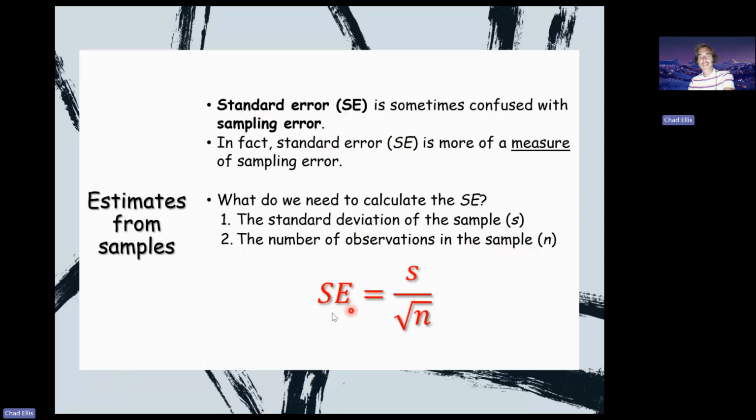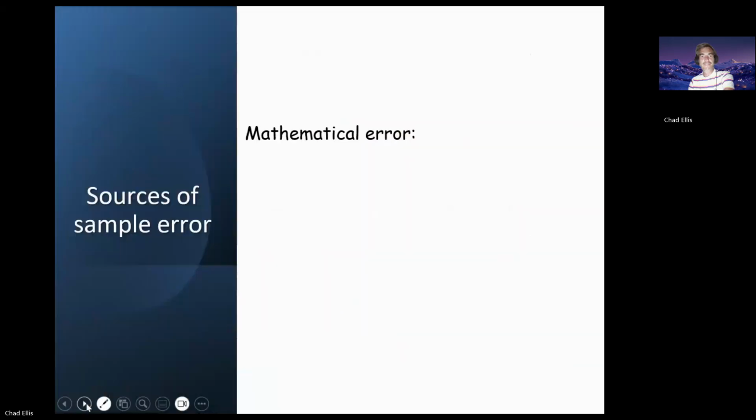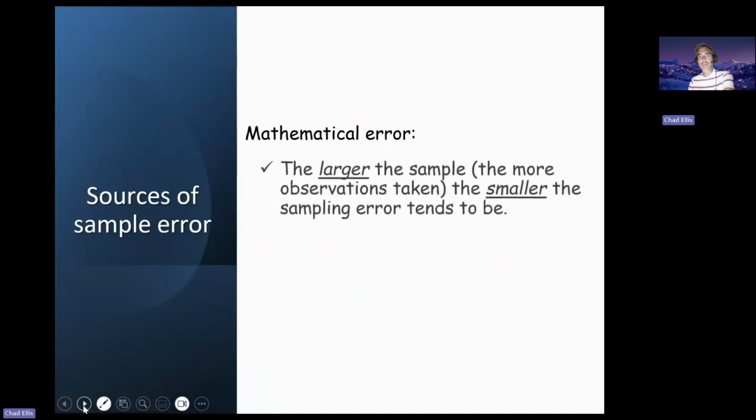So this tells us how off our sample mean is going to be from our population mean. We take the sample standard deviation divided by the square root of our sample size n. And so this standard error basically quantifies mathematically the error between our sample and our population.